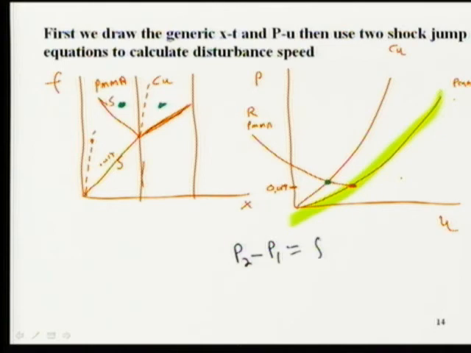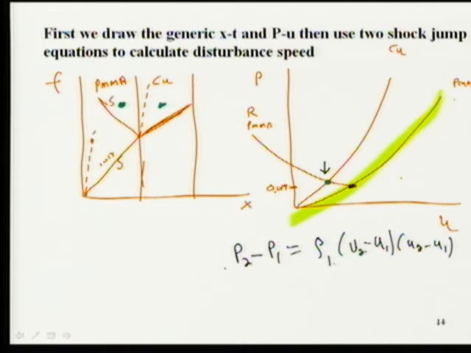Remember you have this equation, and if we're applying it to this problem here, and we went from this state on this point, we can use this equation.